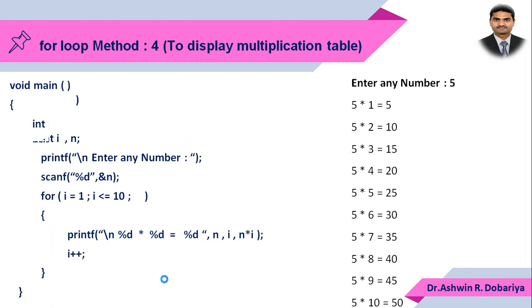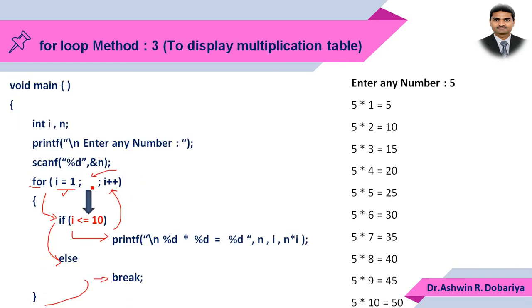So this is the third method where we can make the condition optional in the for statement, but inside it is compulsory to have a condition which can break your loop. Otherwise, this loop will become infinite and your program execution will never stop, right? So this is another way we can write the condition inside the for loop.